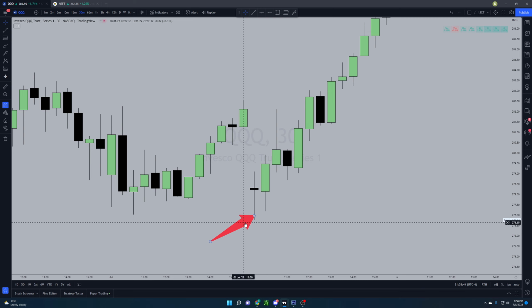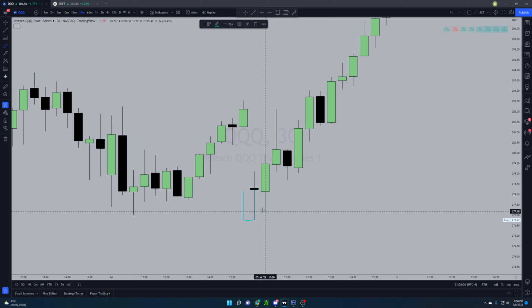What it's showing is price made a move all the way down and then reversed and came all the way back up and closed here, right? So this is significant because we made a whole dollar move down in a few minutes and then right back up.